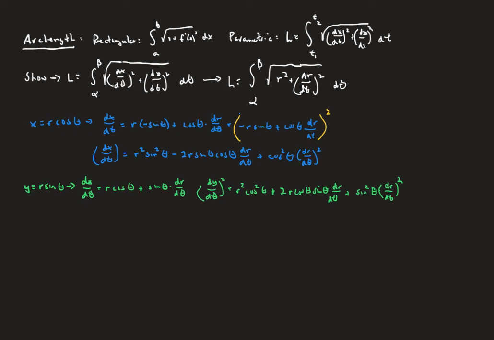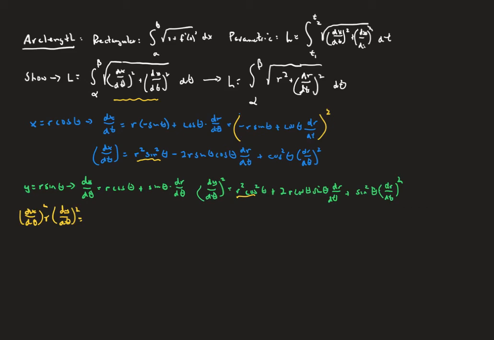Okay, it's kind of nice that these are lining up a little bit. The inside of our formula for arc length is going to need (dx/d theta) squared plus (dy/d theta) squared. So let's see what that looks like. We get r squared sine squared theta plus r squared cosine squared theta.